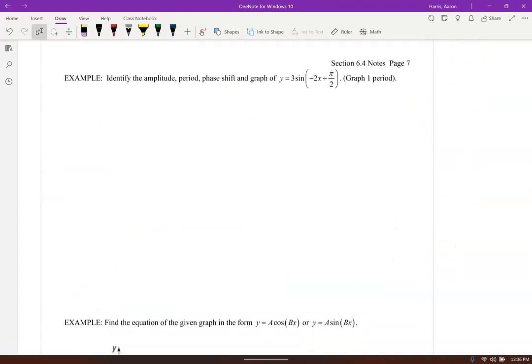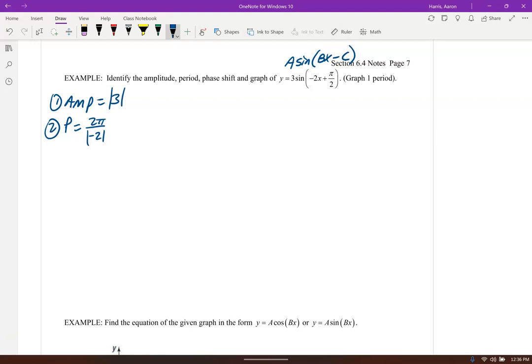Another one before we find equations from graphs. A sine bx minus c. So number one, our amplitude is 3 on this, and our period is 2 pi over b. And I should say, if it's negative, you can ignore that for the period, because what this is doing is just reflecting it about the x-axis.